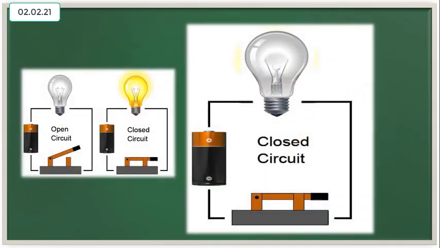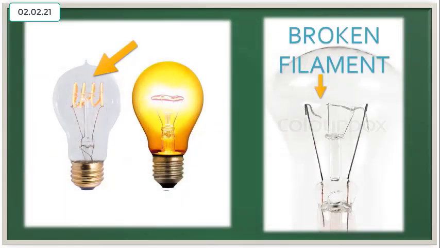Sometimes the bulb does not light up even when the switch is in the on position, which means when the circuit is closed. This can happen only if the bulb gets fused. In an electric bulb, there is a thin wire called filament, which becomes white hot and glows when electric current passes through it.